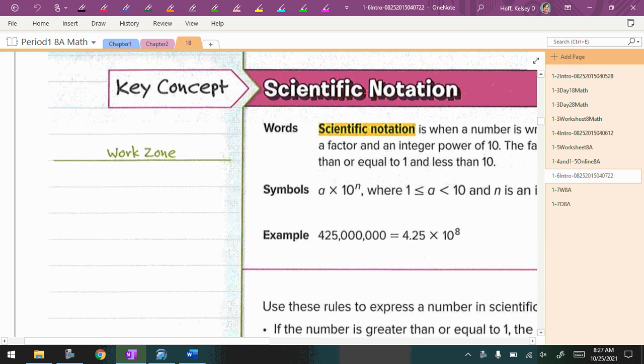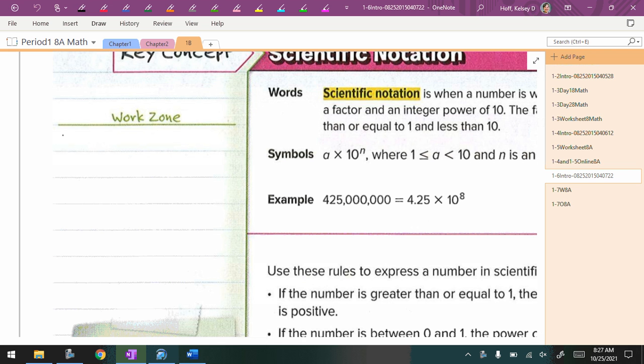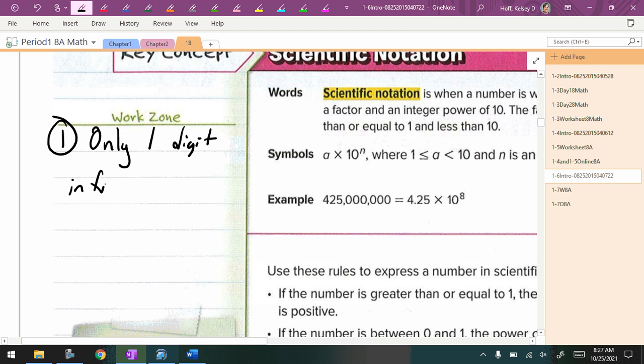But we have to write a rule down. The number one rule of scientific notation: only one digit in front of the decimal. 0 does not count.